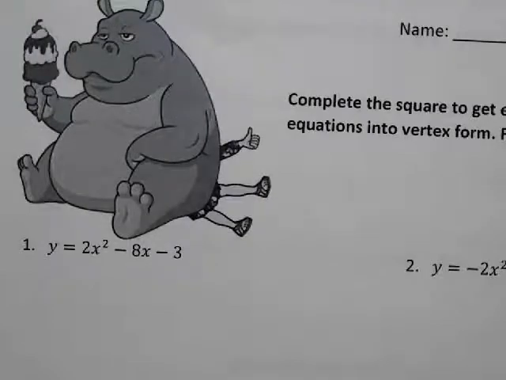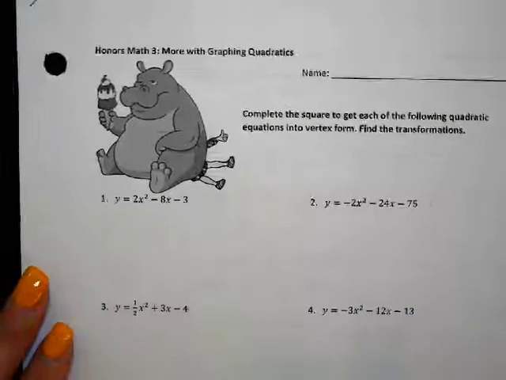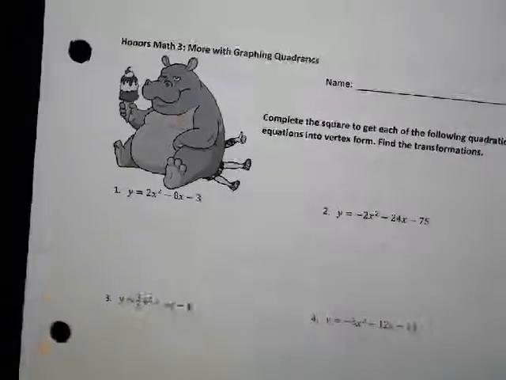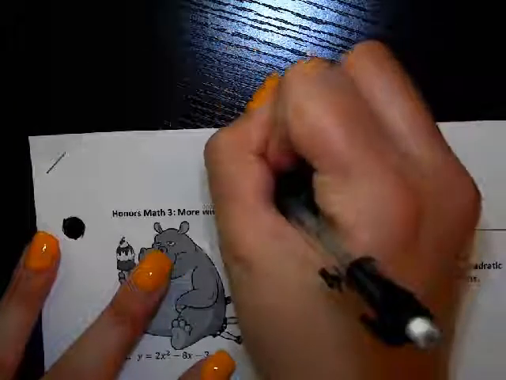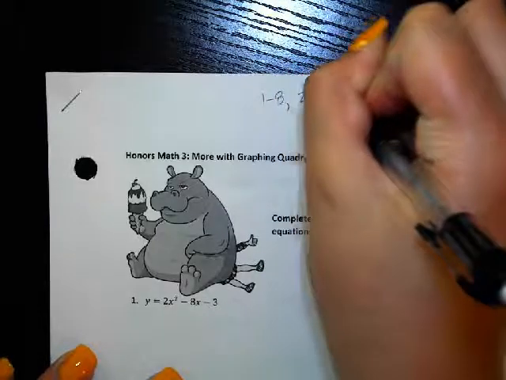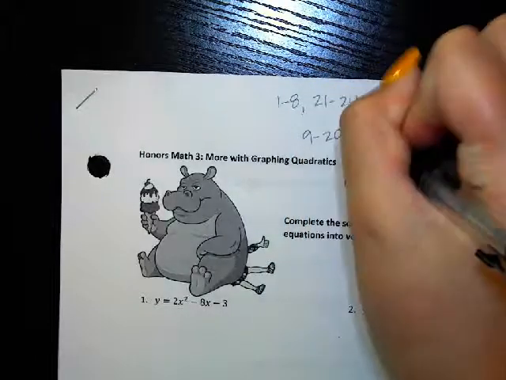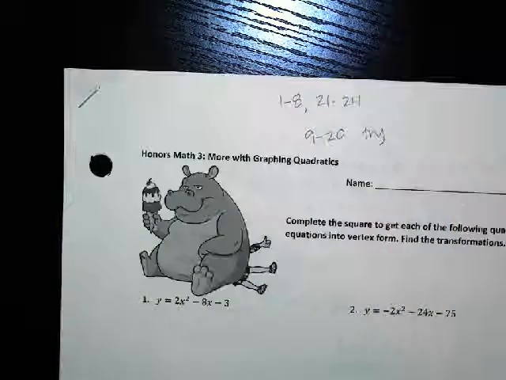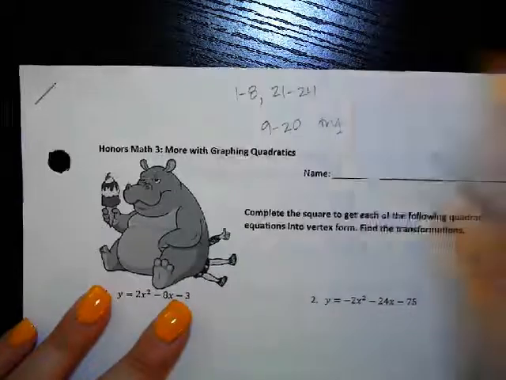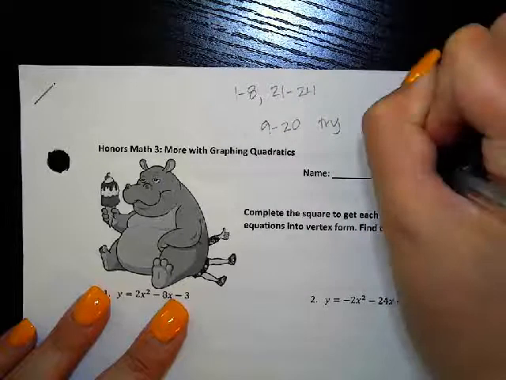Completion points. So 1 through 8 for sure. 21 through 24 for sure. 9 through 20, you should try them and be ready to ask questions, okay?